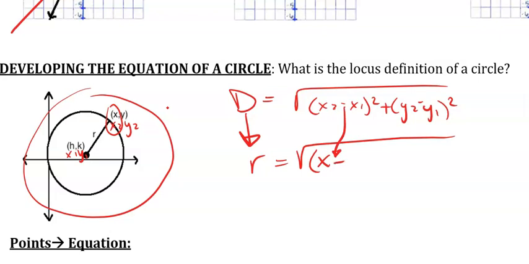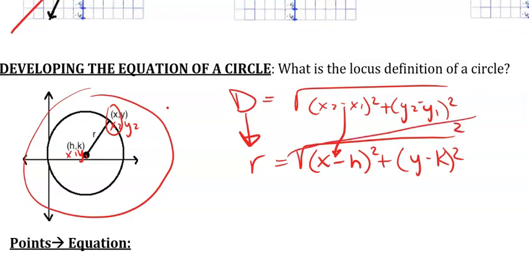Now, what did we define to be x1? h, which is the x part of our center. And then you put a squared, then you put a plus. What is y2? y. And then minus, and then what is y1? Okay. Squared. Technically, that is also the equation of a circle. We just don't like square roots. So how are we going to get rid of this square root?